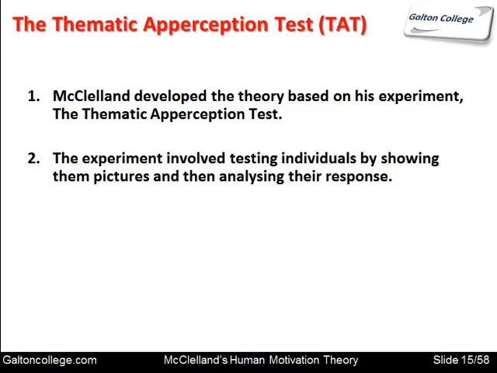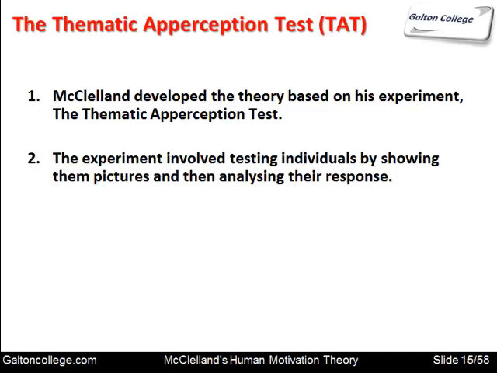Essentially, the test involves showing people pictures and drawings, could be ink blot tests, and asking them to analyze their response. Depending on what their response is for each picture or for each drawing, then there is an indicator as to what type of need is dominant in that person, what sort of personality the person has got.